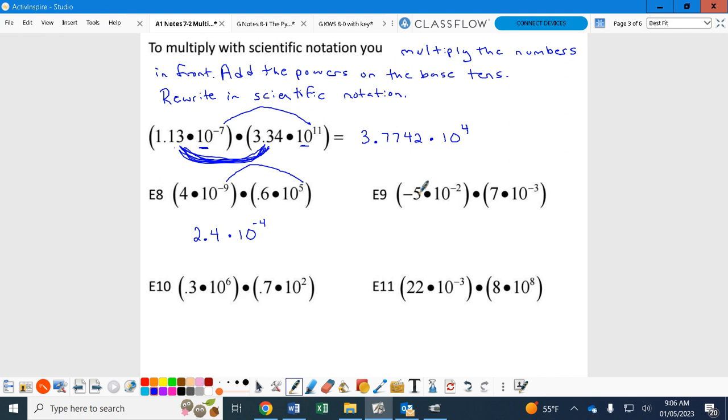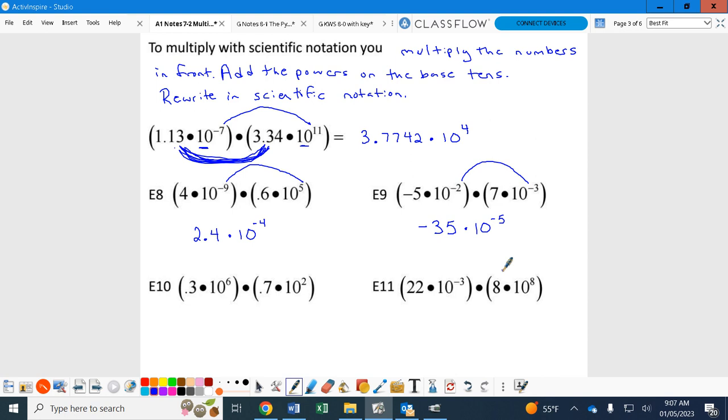Okay, here we go. Negative 5 times this 7. We're multiplying first. Negative 5 times that 7 puts you at negative 35 times 10 to the, we add the exponents. Guys, add them when you're multiplying like bases. That's going to give you a total of negative 5. Okay, do we have one number in front of our decimal?